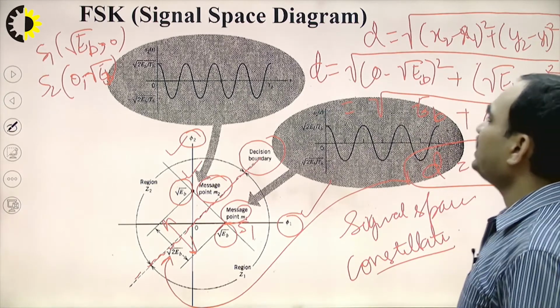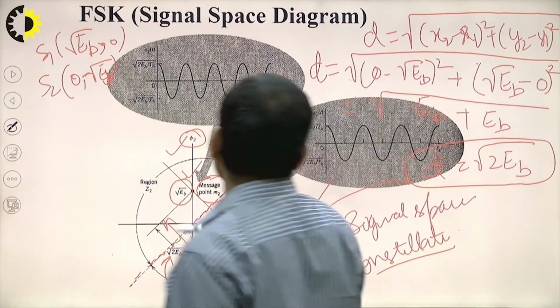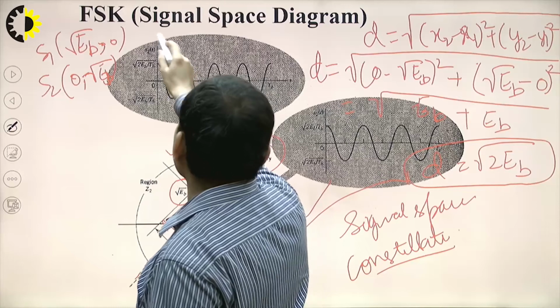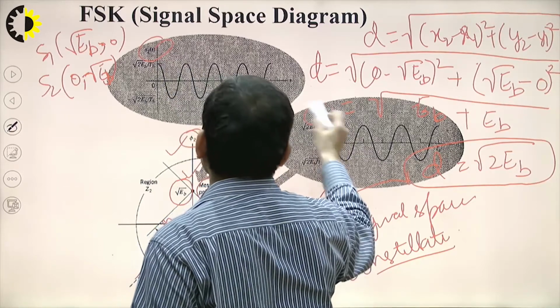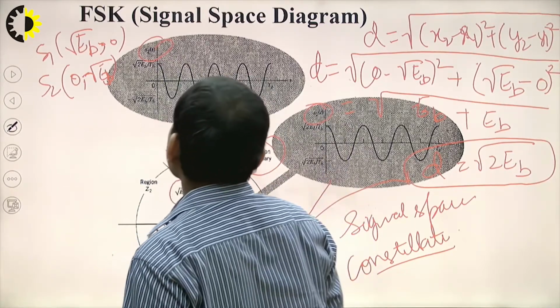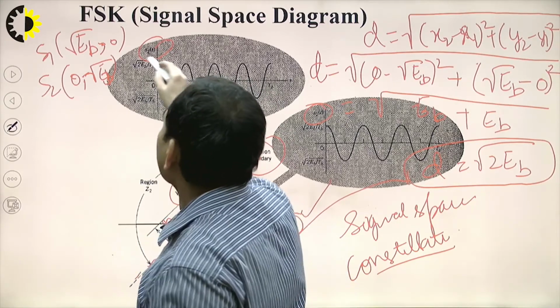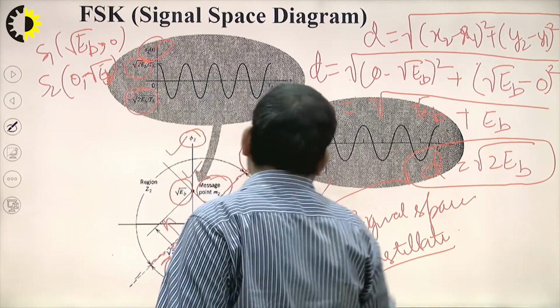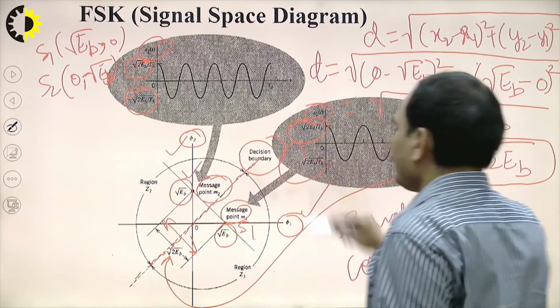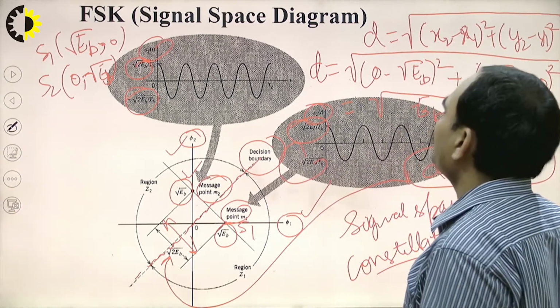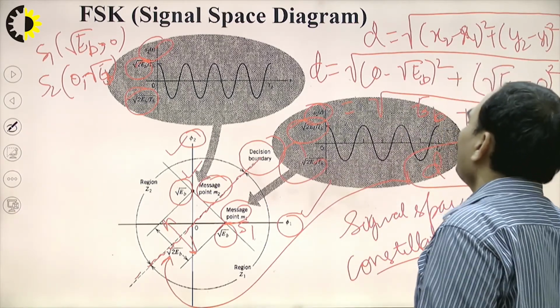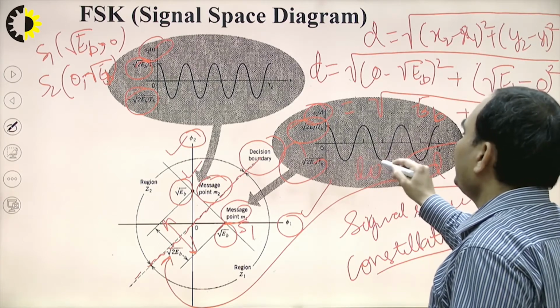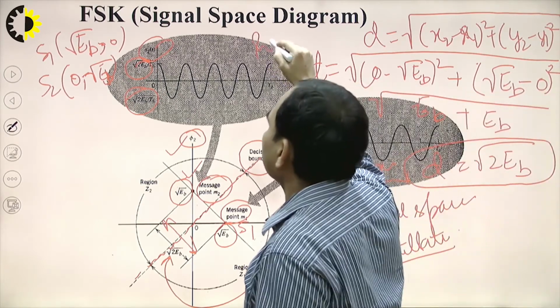We have the symbols S1(t) and S2(t), with amplitude root 2 Eb by T. These are the representation of two message points, where one has the lower frequency and the other has the higher frequency.